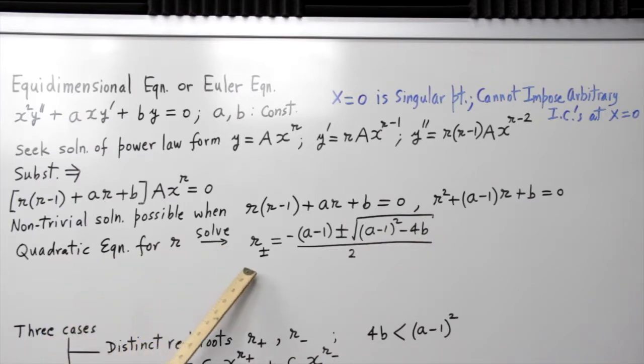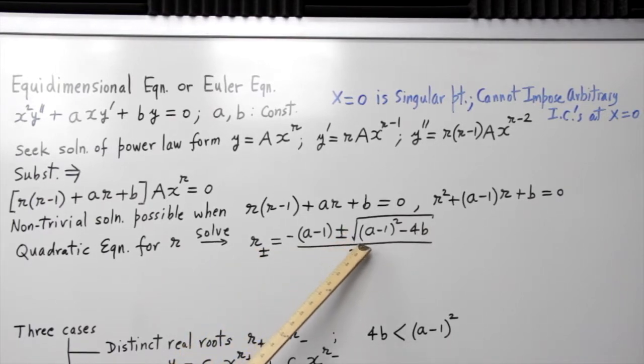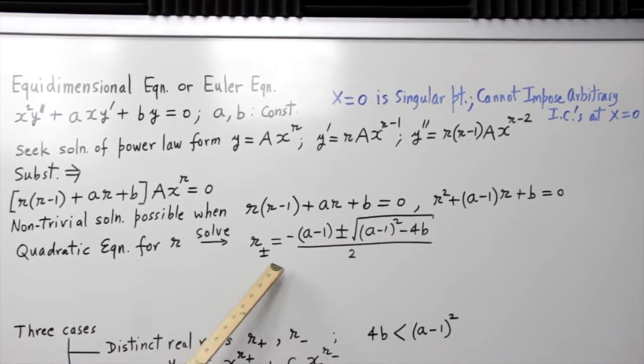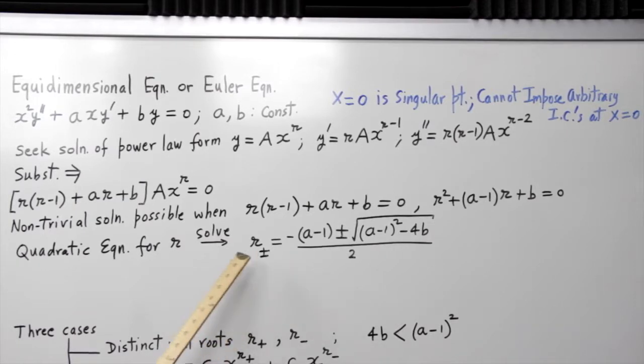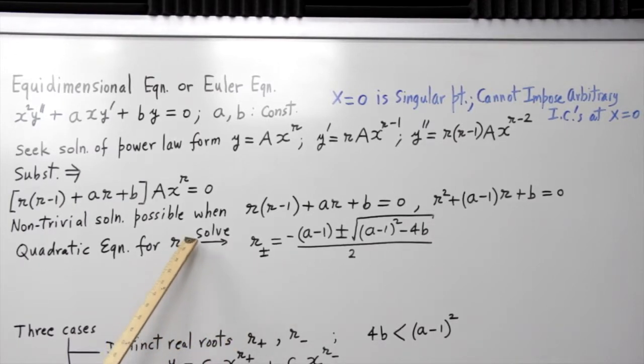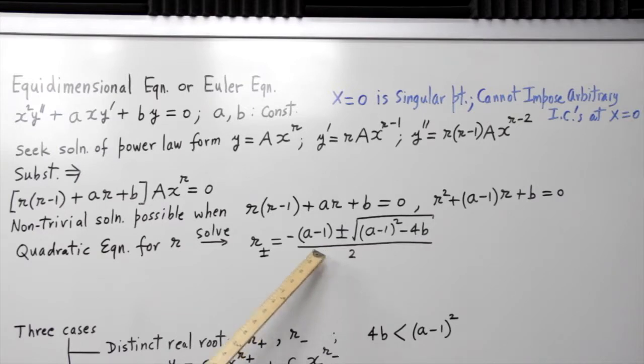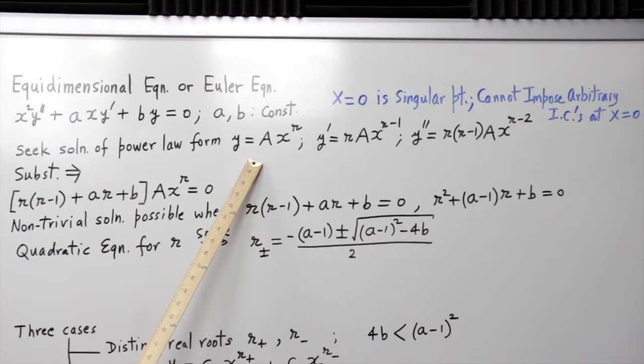We can solve it and write the two roots as r plus and minus, with the plus and minus sign and the square root involving those terms. And so we have these two roots for the possible values of r. When r is equal to these particular values, then a solution of this form is permitted by the differential equation.